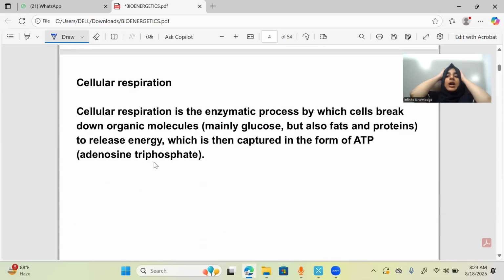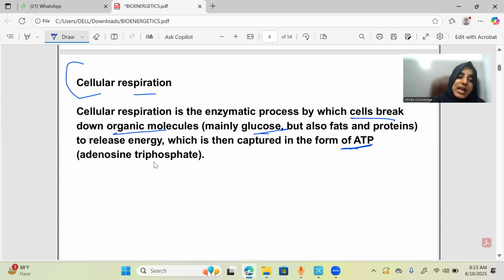Now move on to our topic, which is respiration. You don't have to do bioenergetics in plants. You don't have to do photosynthesis or cytochrome structures. We'll just directly move on to the process of cellular respiration. What is cellular respiration? Cells break down organic molecules, mainly glucose, in order to form ATP.